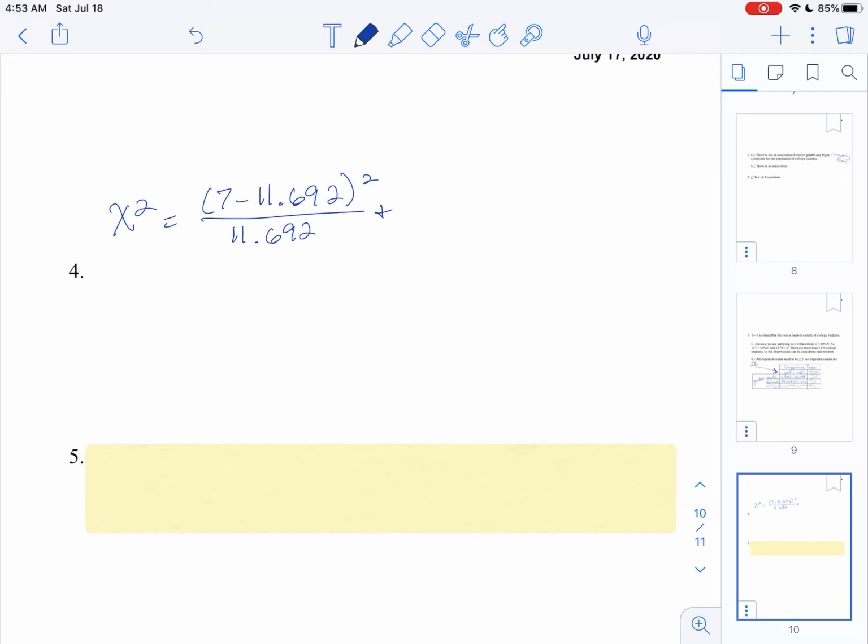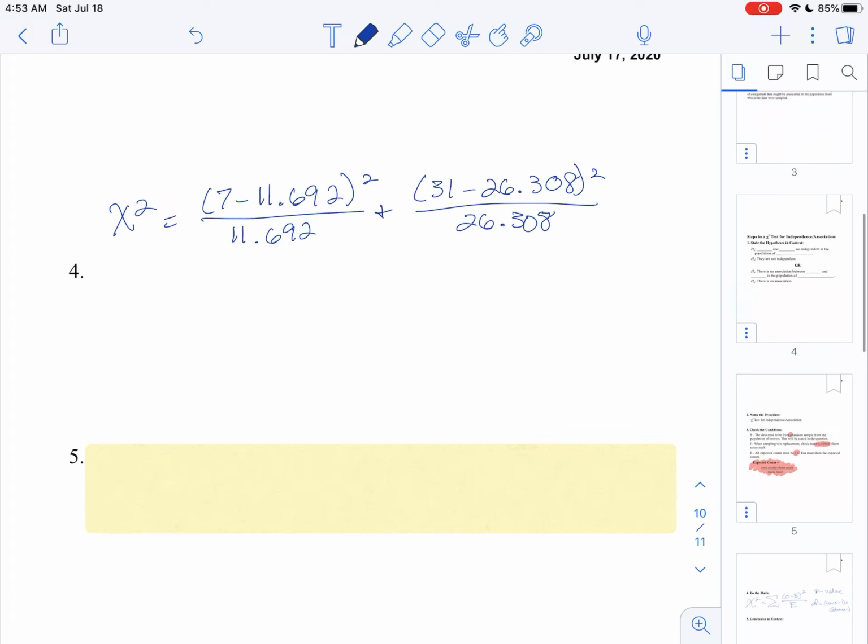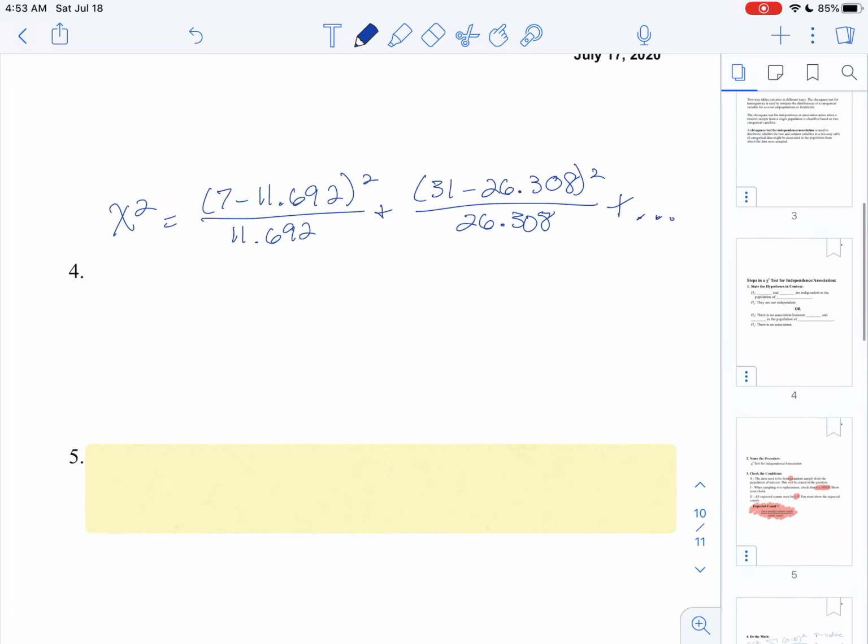Second one was 31 minus 26.308 quantity squared over 26.308 plus, now I can do an ellipsis, plus, and then I can write my last one down.